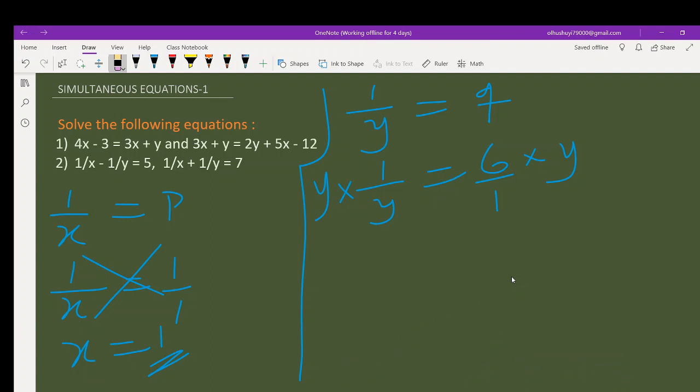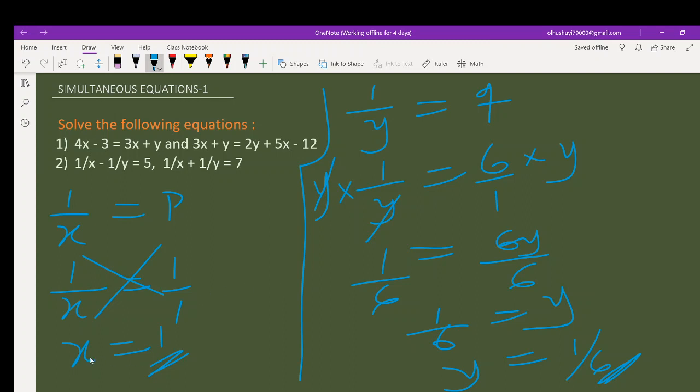This cancels out this. 1 will be equal to y, which means y is equal to 1. You get that?